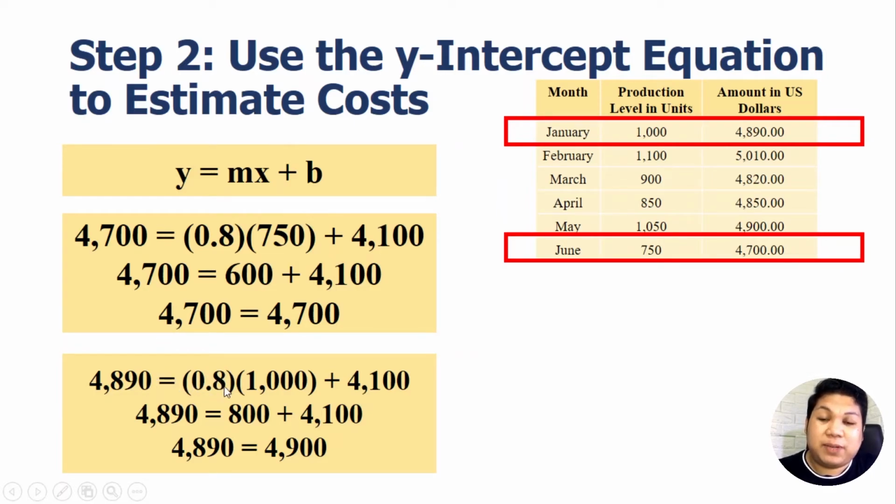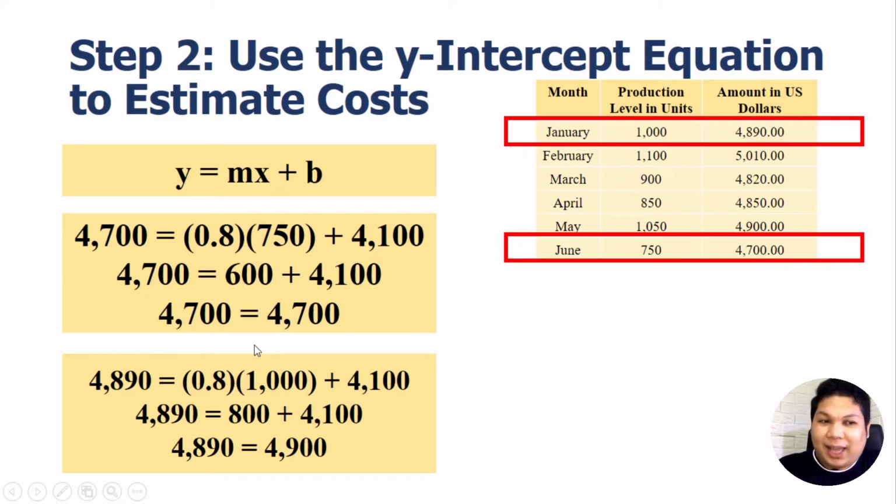The variable cost per unit is 0.80, and the production level is 1,000, plus the fixed cost of 4,100. Using these figures, we will get 4,900. So it's actually not the same as the actual cost of 4,890.